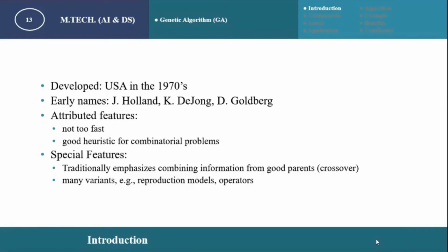That is where genetic algorithm is a good heuristic for combinatorial optimization problems. And the special feature of this genetic algorithm is that traditionally it emphasizes combining information from good parents. That is, we go for crossover.